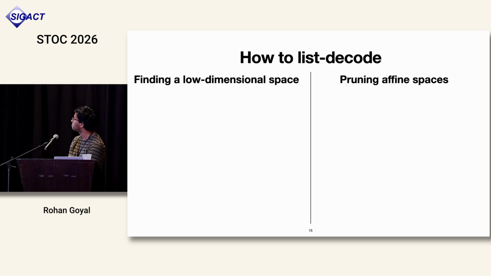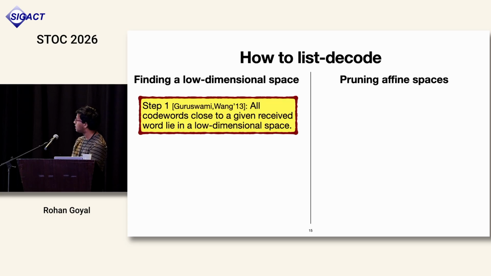So how do we list decode? List decoding algorithms typically work in two steps. The first step is finding a low dimensional space. So Guruswami and Wang showed that all code words close to a received word for multiplicity codes and folded Reed-Solomon codes lie in a low dimensional affine space or low dimensional linear space.